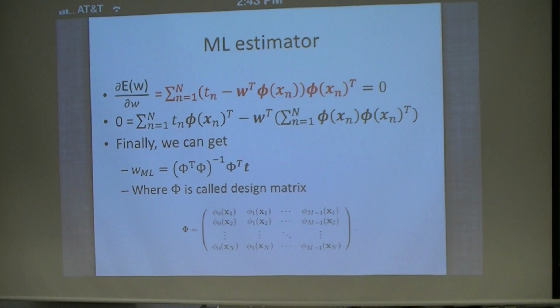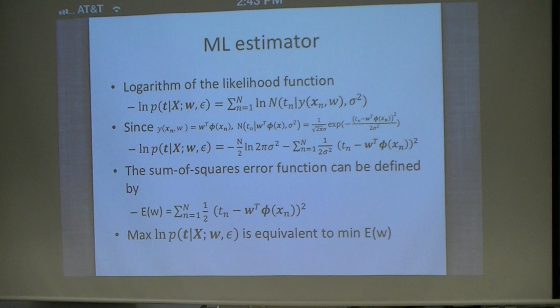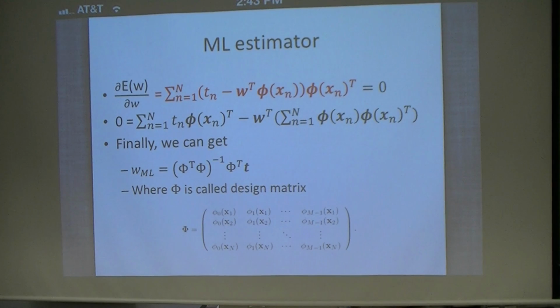To minimize this error function, we just need to take the first order derivative of this function. If we take the first order derivative, we have the following equation. And we set the first order derivative equal to 0. Then we can get the closed form solution of the model parameter w.